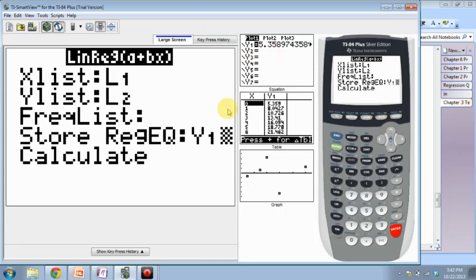The way to do that is to make sure you have Y1 in this row that says store regression. Oh, yours is different. Yeah. So for yours, you have to do L1, comma L2, comma Y1. Where do I find Y then? Vars. Y vars, wait. Function. And then Y1.